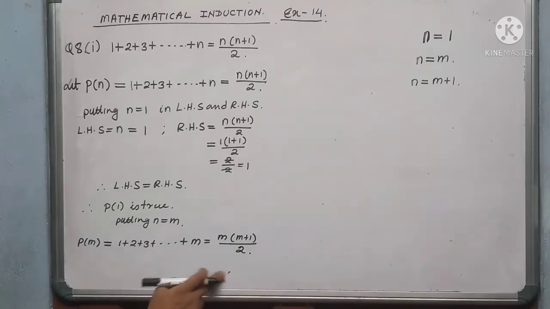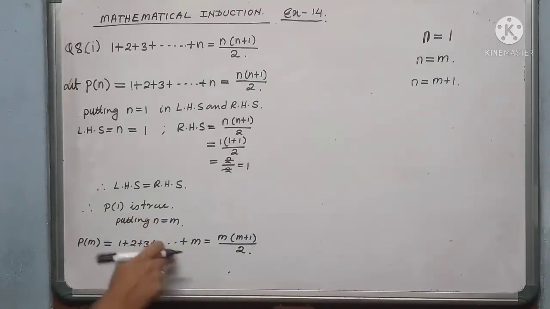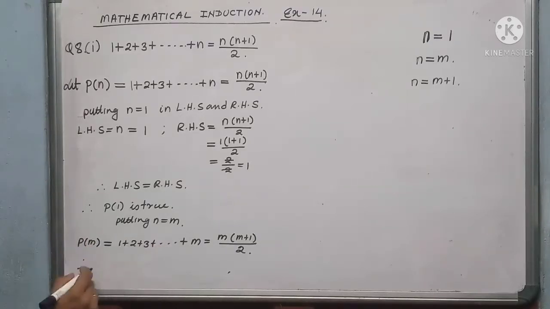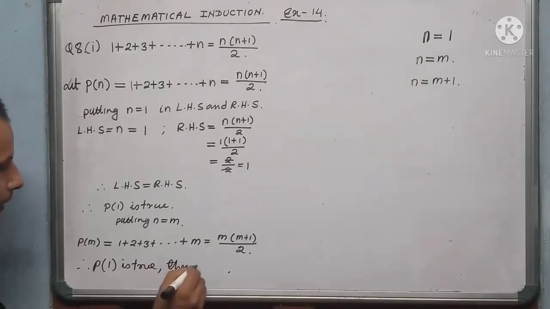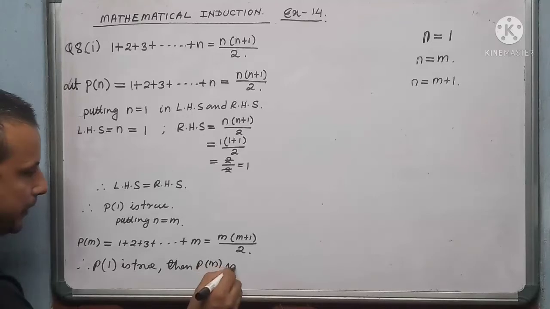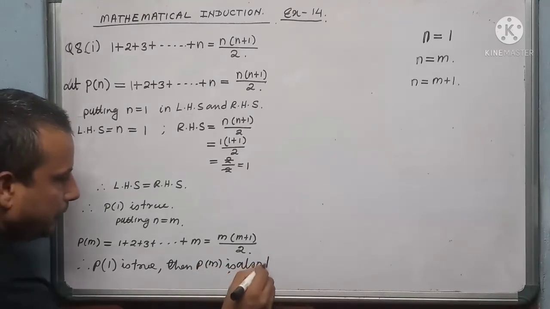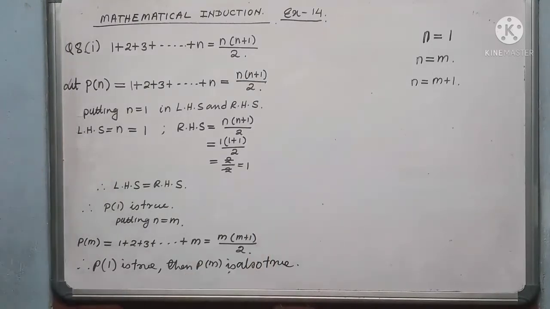And remember one more thing, if P1 is true, then Pm is also true. These two steps, putting n equals 1 and n equals m, you have to do in every question. Pm is always true.